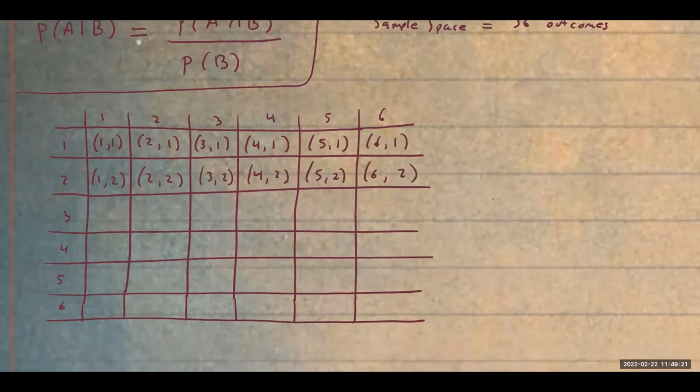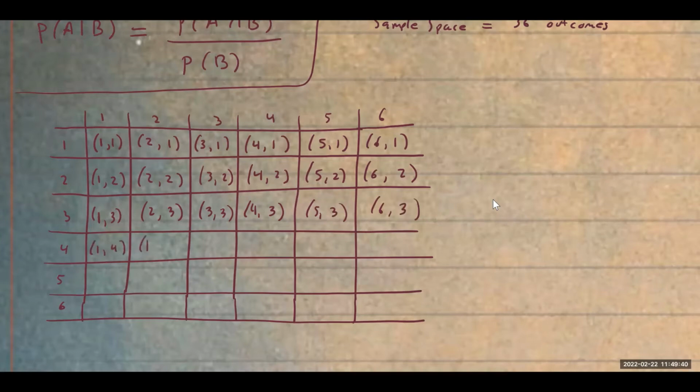Continuing on, I can get 1 on the first die and 3 on the second, or 2 and 3, 3 and 3, 4 and 3, 5 and 3, 6 and 3. Or we can get 1 and 4, 2 and 4, 3 and 4, 4 and 4, 5 and 4, 6 and 4. Almost there.